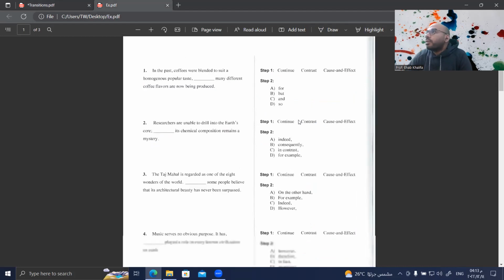Well, all of you pay attention here, guys. There is an exercise for all of you. We have two steps here. Step one, figure out the relationship between what comes before and what comes after, and choose it. For example, in number one, I must read what comes before and what comes after to figure out the relationship.